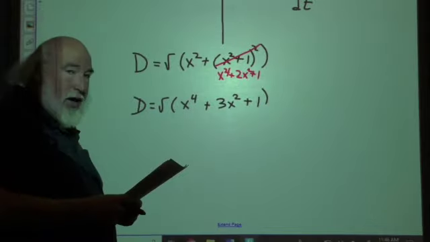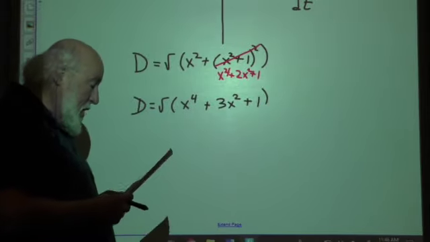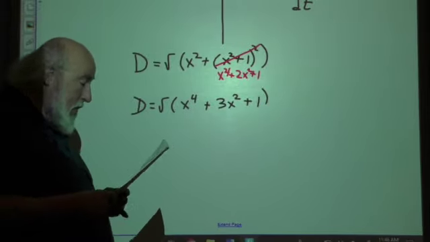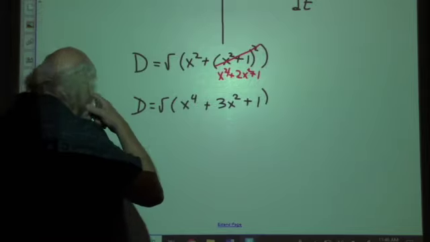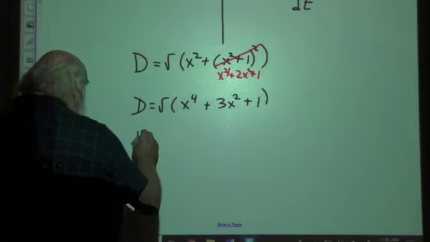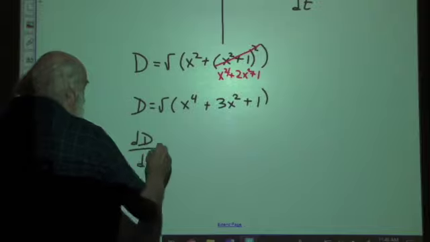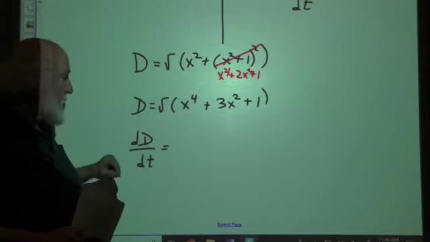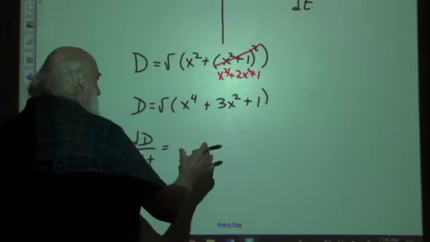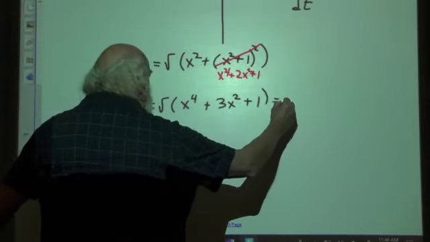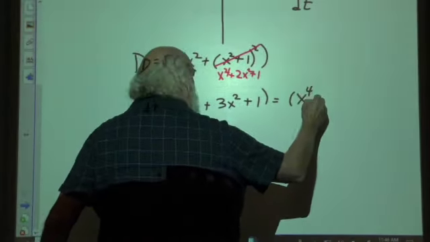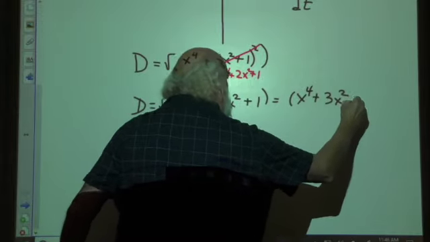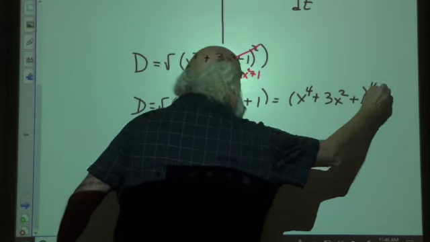Those exponents and signs will trick you up, and they do to me, that's for sure. So be careful with that. So when I find dD over dt, that is my rate of change of the distance.